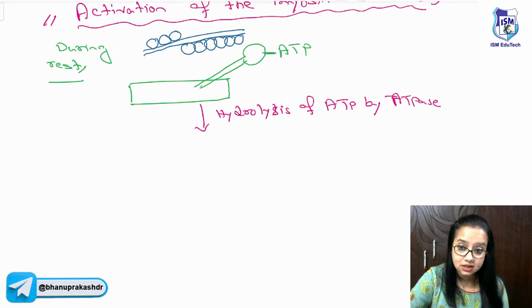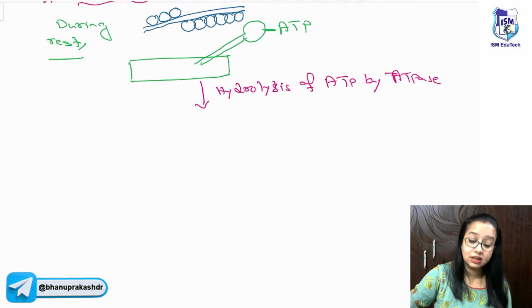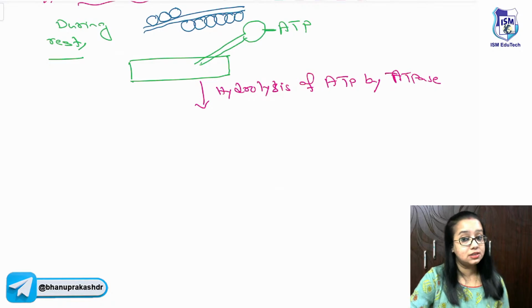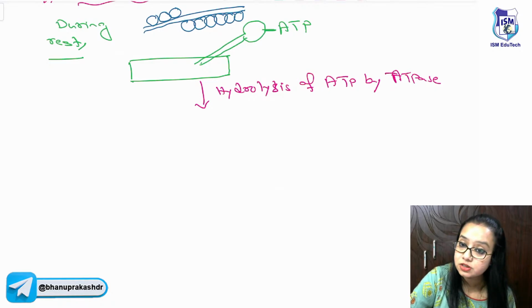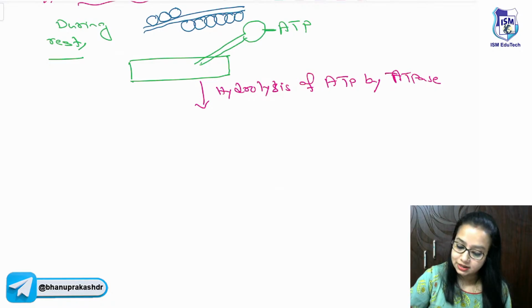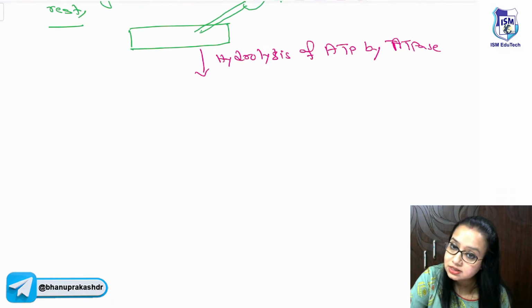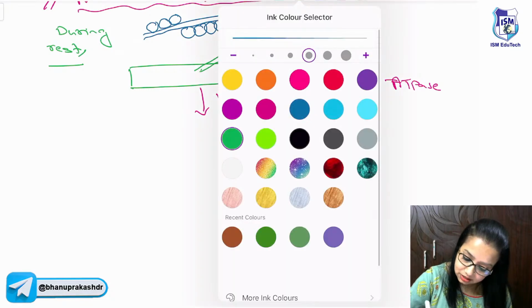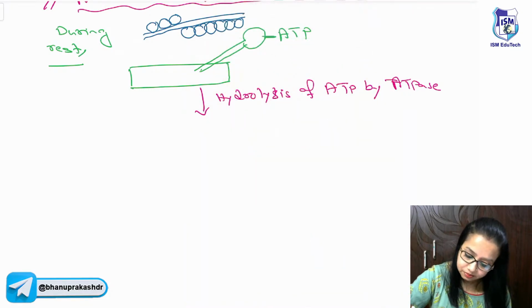Because we have studied that the myosin head has a catalytic site and a regulatory site. So that is the catalytic site in which the ATP is bound. Once the ATP is hydrolyzed by ATPase, then this is what will happen to the myosin head.